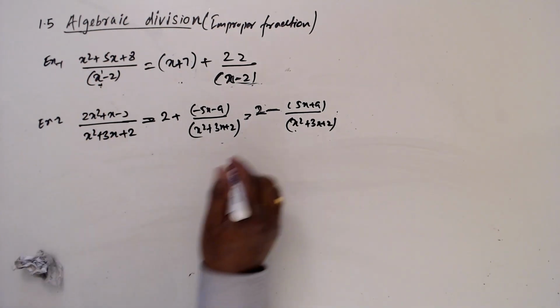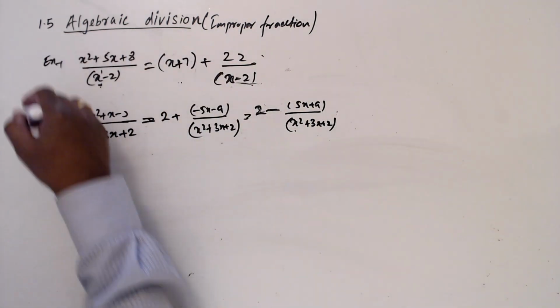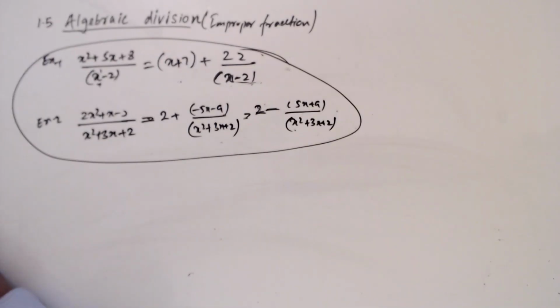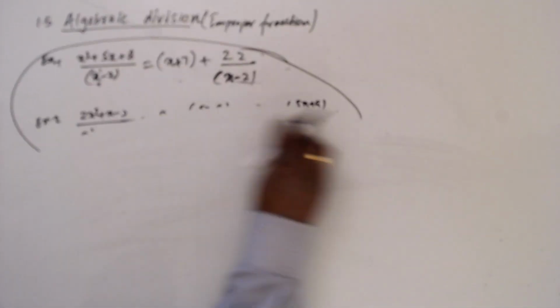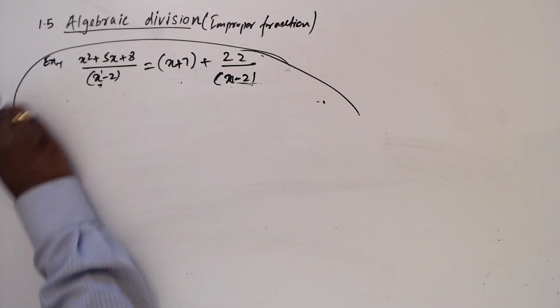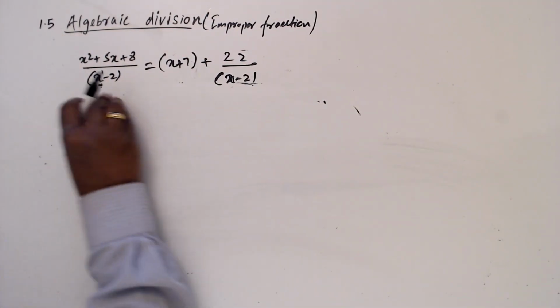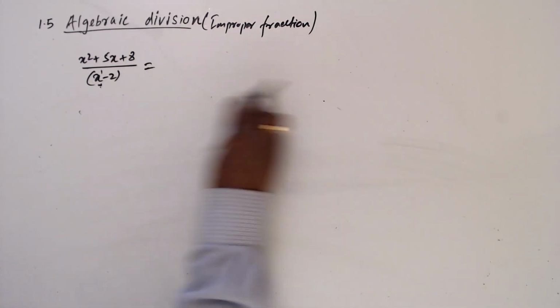Now it is clear that we use algebraic division to solve this one method. So the other one is equating coefficient. So I will work this sum with that equating coefficient method.